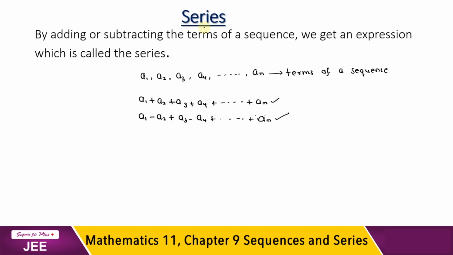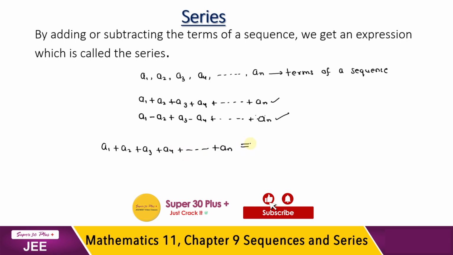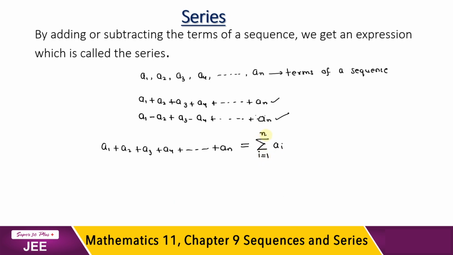Now there is another compact way to represent a series. There is a compact way in which we can write down a series. How? Consider this series where I have added all the terms of the sequence. Now this can be represented by sigma ai, where i varies from 1 to n.